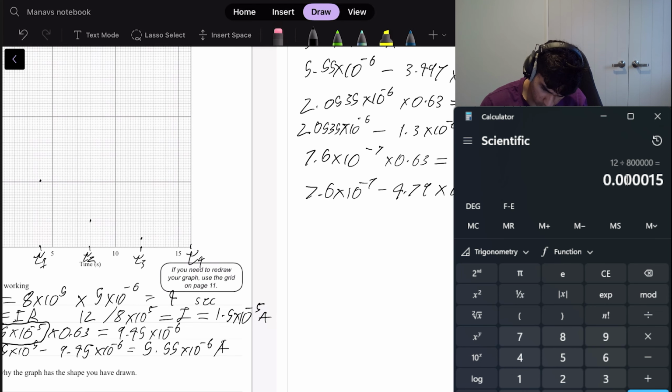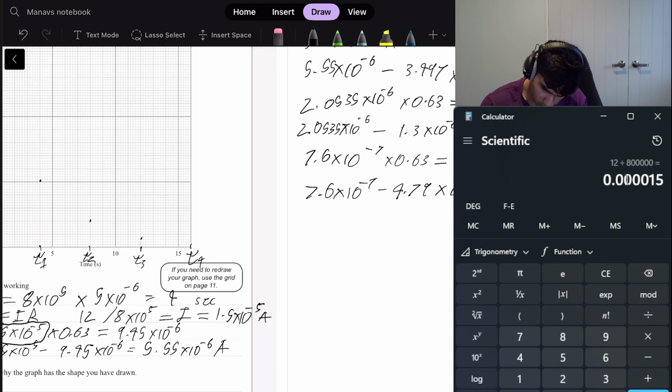Alright, let me draw this curve. It's good enough to me.